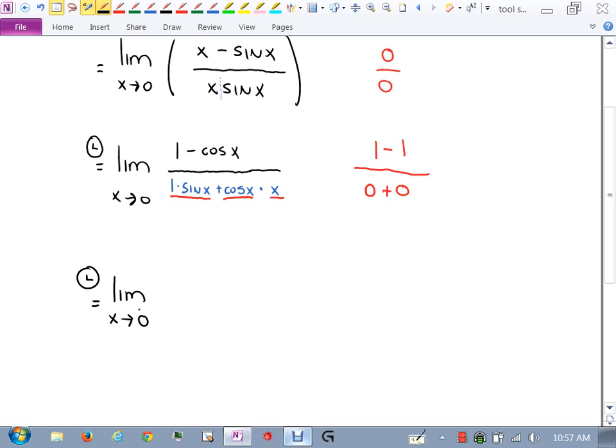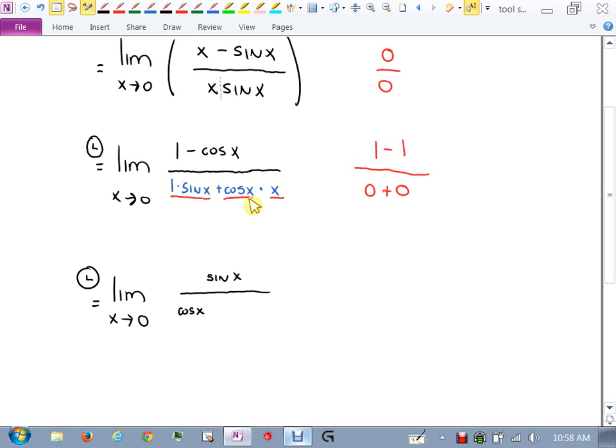Oh, what happened? Did y'all do a derivative again? Is it an endless loop? So on the bottom, what did you do? Derivative of the top is what? Sine x? And then on the bottom, you did derivative of sine x, which was cosine x. And then what did you do here? Product rule?